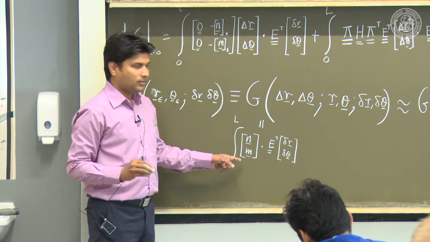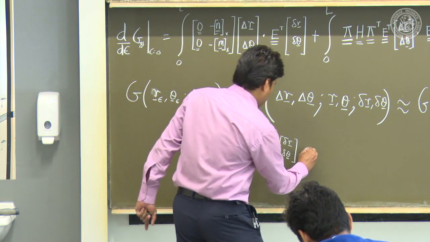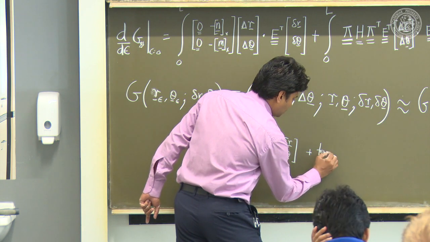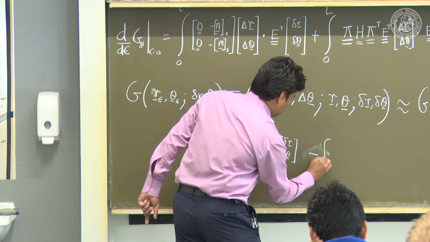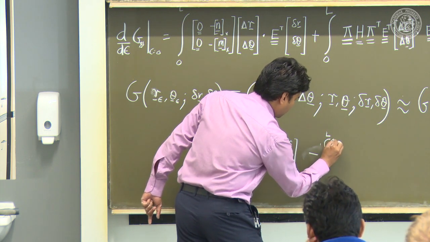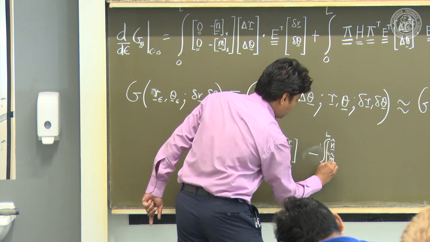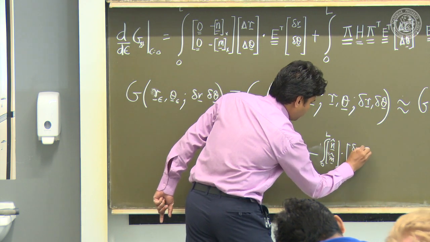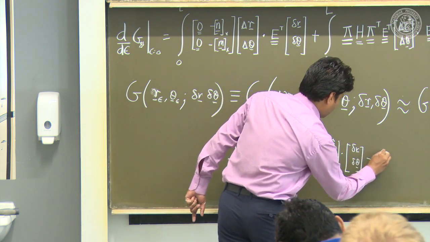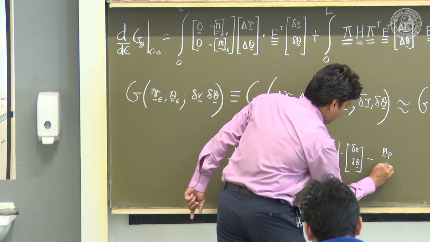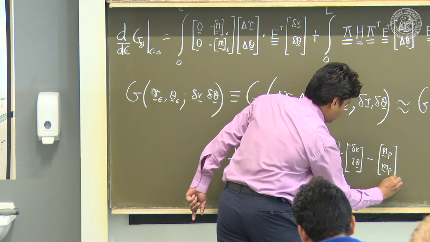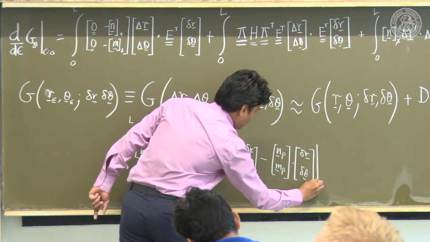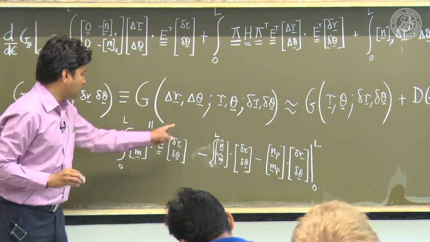So that's your G. Okay, and it also had this extra, plus terms due to, or maybe I could just write it here, minus integral 0 to L of n hat m hat dot del r del theta, minus np mp dot del r del theta, but only at the boundary. So that's your G.